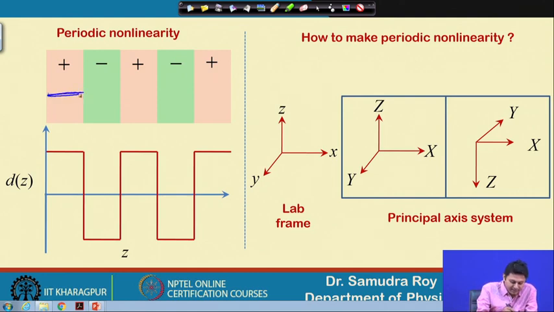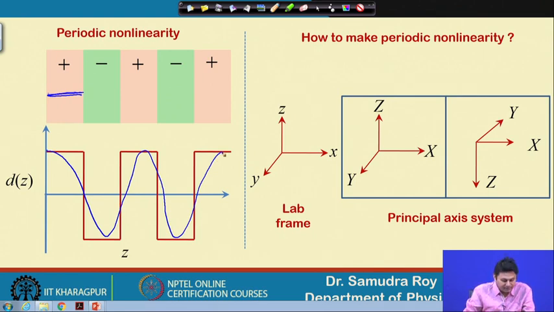For sinusoidal case, if I plot here, for example, for sinusoidal case the variation will be something like this. This is roughly the sinusoidal variation. But the sinusoidal variation can be approximated by these step like functions, because we know that from here to here, which is from this point to this point, what happened, the d value will remain constant. So, there will be no change in d value as shown here.